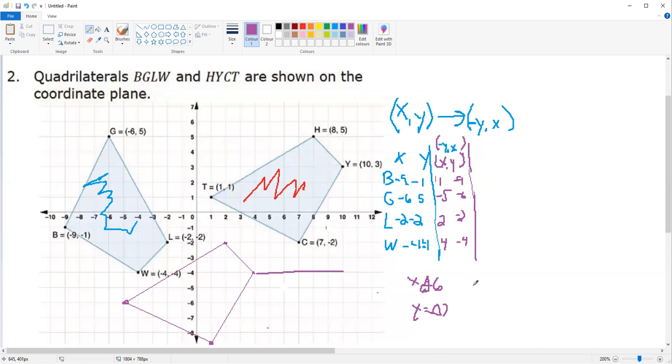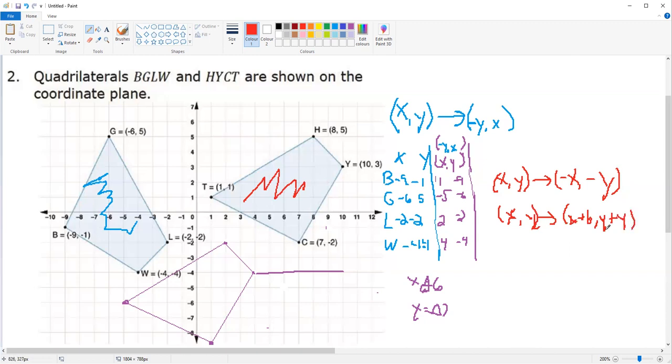All right, so the two that I am going to need to use here are: x, y is going to be drawn from negative x, negative y, and then x, y is going to be drawn from x plus 6, y plus 7.